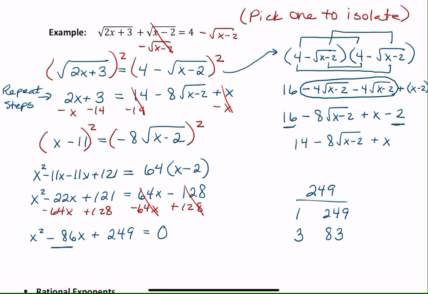And that will give you the negative 86 if they're both negative. So my linear factors are x minus 3 and x minus 83.